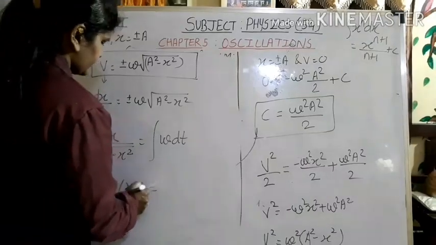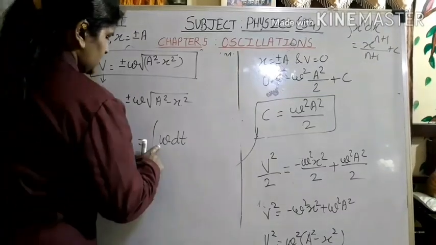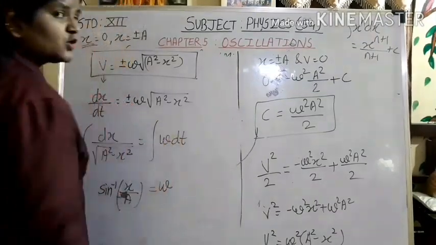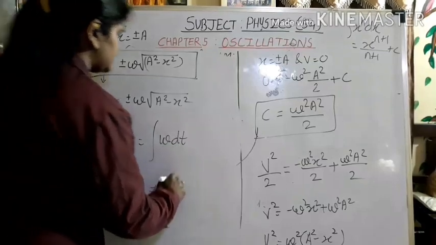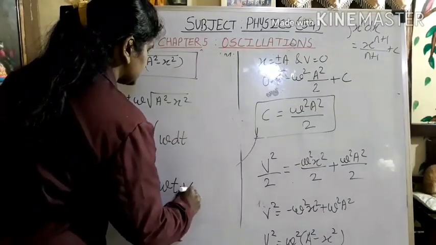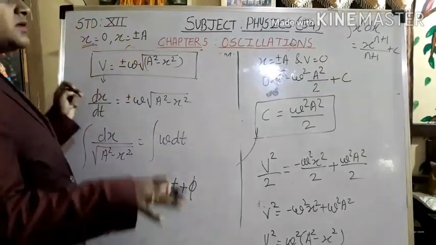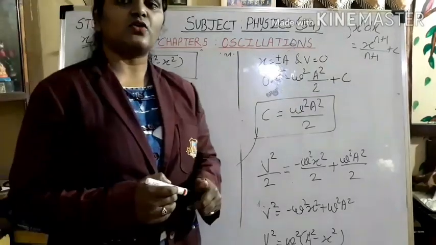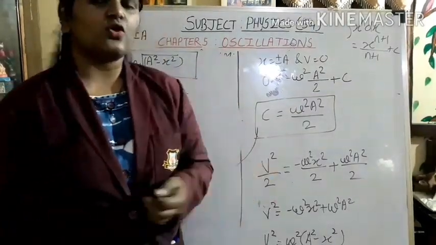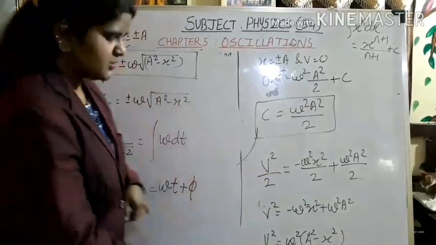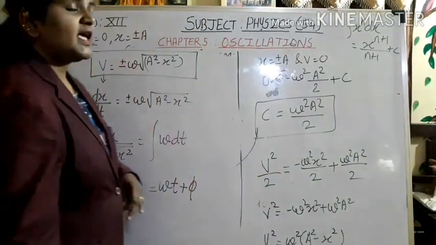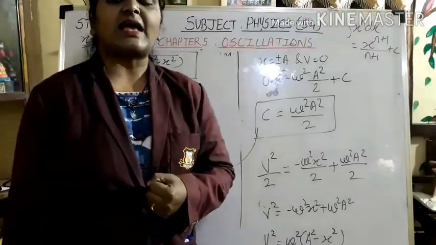So this omega is nothing but a constant term. Integration of dt will be t, and plus again I will write a constant term. Now why have I written phi over here, not taken c or k? Because as you can see over here, at the LHS we are having some kind of angle, which is a sine angle, right?